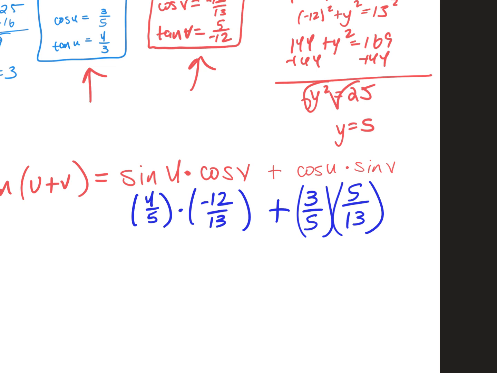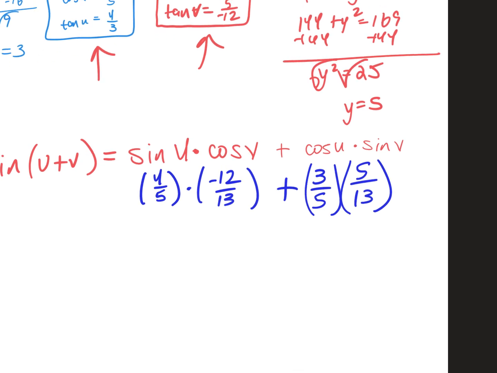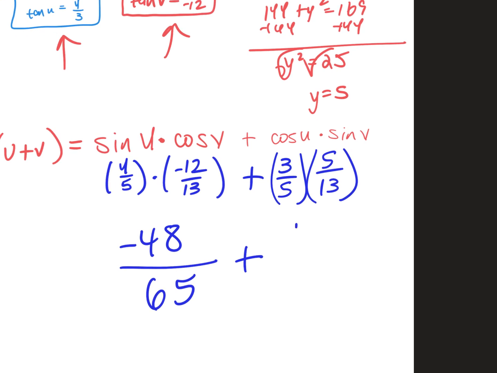But now we just simplify, guys. What is 4 times -12? -48, good. Over, what's 13 times 5? 65. Plus, what is 3 times 5? 15 over 65.